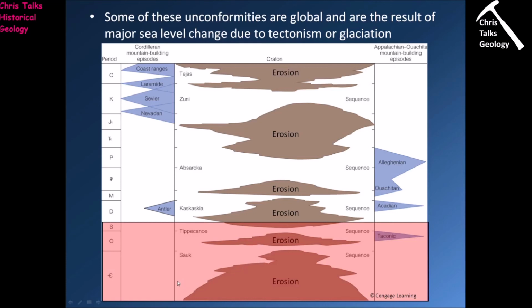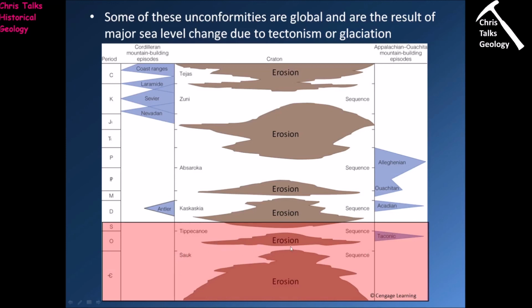This means therefore that the sea must be transgressing onto the continent, mustn't it? So we have the sea transgressing from the west, the sea transgressing from the east, and the amount of exposed continental crust is getting smaller and smaller. And so this is one of these transgressive regressive cycles, and this first one is called the Sauk.